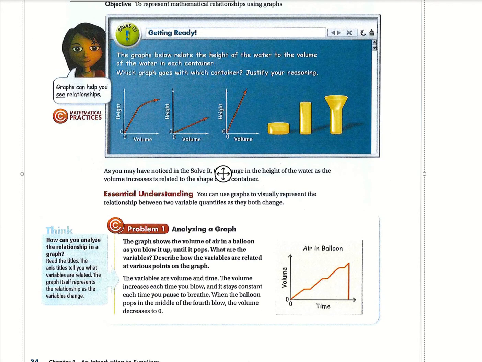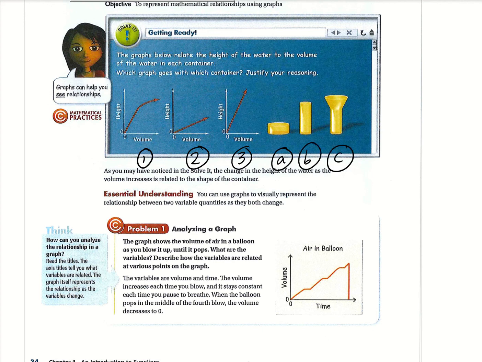We'll make it 1, 2, 3, and then A, B, and C. Just figure out which ones go with which, just to do a little warm-up activity. After you've done that, we'll look at problem 1 here.